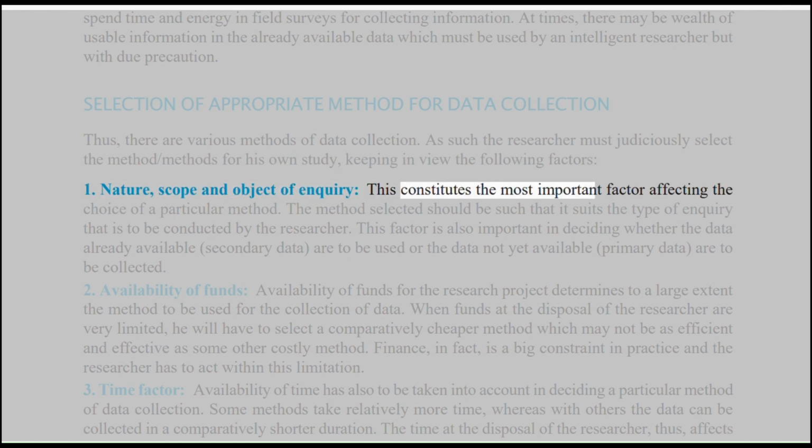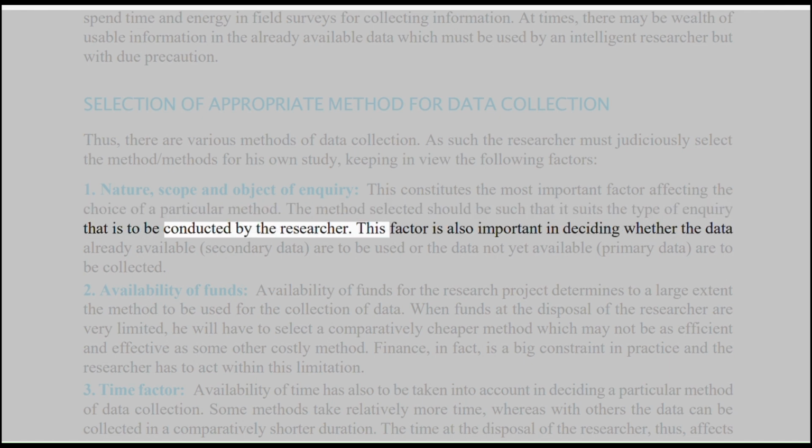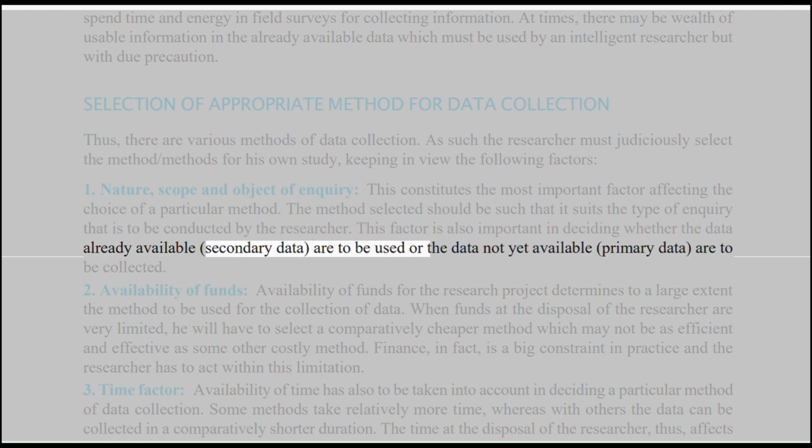This constitutes the most important factor affecting the choice of a particular method. The method selected should be such that it suits the type of inquiry that is to be conducted by the researcher. This factor is also important in deciding whether the data already available, secondary data, are to be used or the data not yet available, primary data, are to be collected.